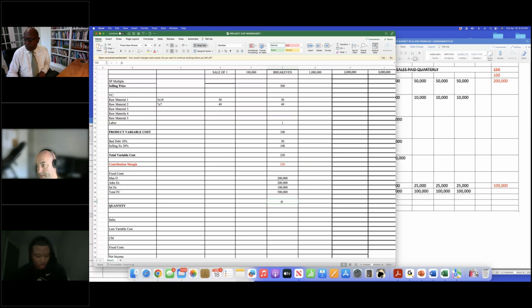Initial expenses 200,000. 500,000. It'll take you a long time. 2,000. Right. Fixed costs divided by unit contribution margin.